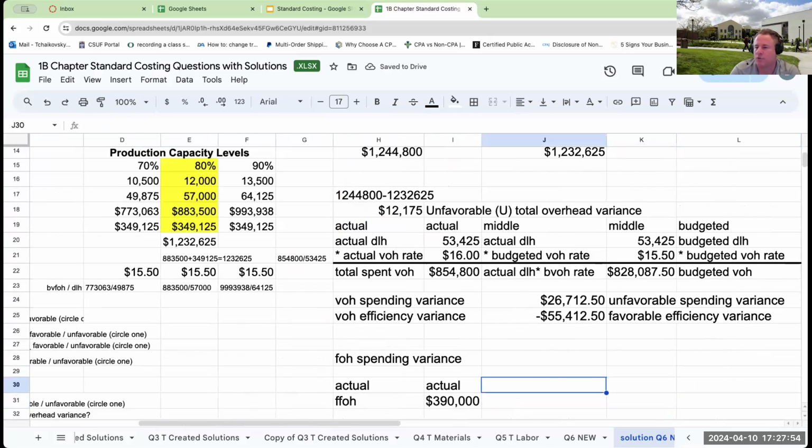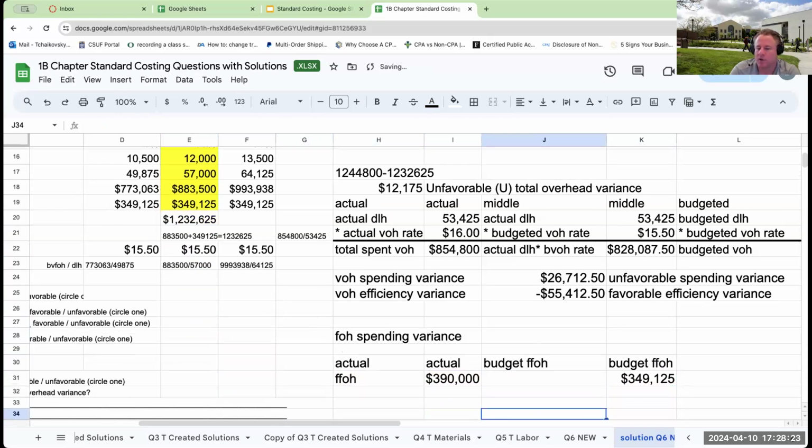I then go over here to my budget for my fixed factory overhead, which at the 80% level was 349,125. So when I look at these two here, I actually spent 390,000.